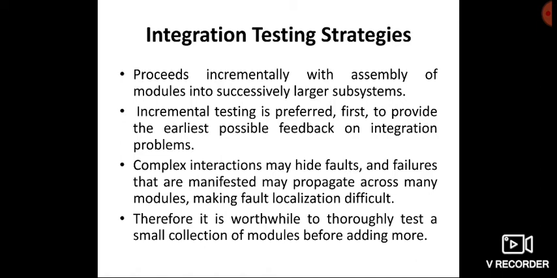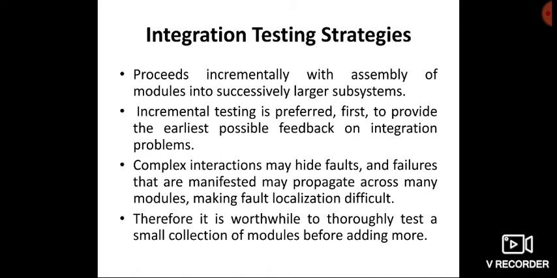If it is not showing the faults, what will happen? They may appear in the later stages of software development. If you are not able to identify this kind of faults in the early stages, they may appear in the later stages, like system test or acceptance test.